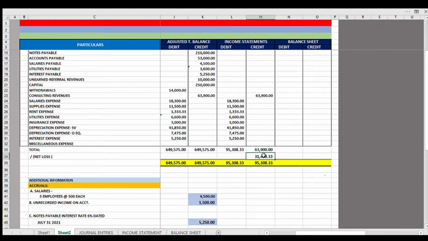Okay, piece of information. If the balancing figure is to be placed in the credit side, it is a net loss. And if it is supposedly to be placed on the debit side, on the left side, that's when we will consider it as net income. But by this time, it is a net loss, since it is placed in the credit side.